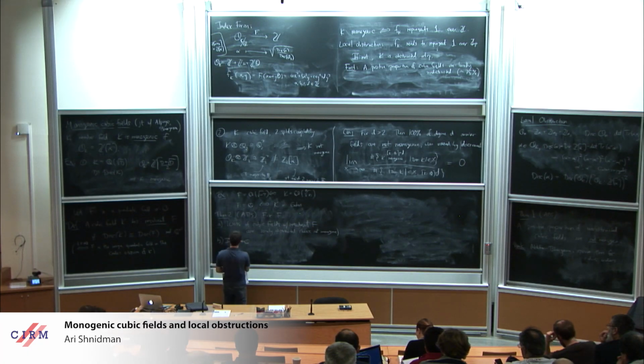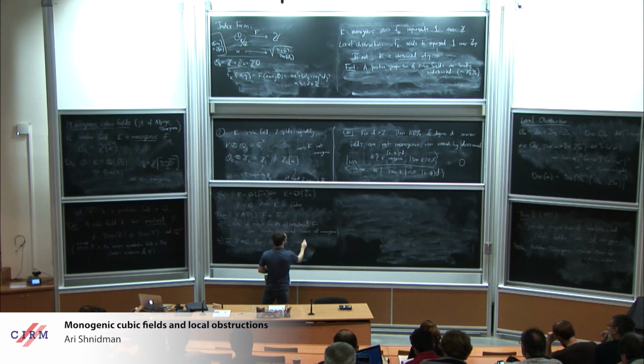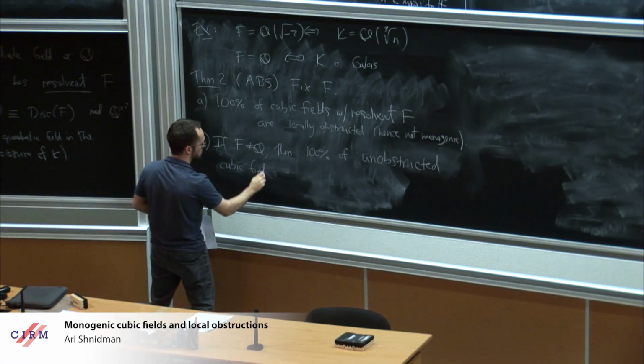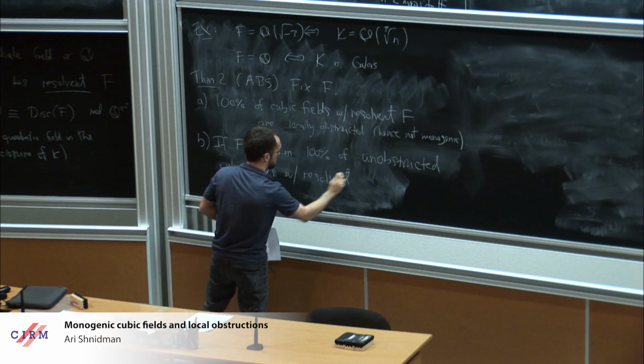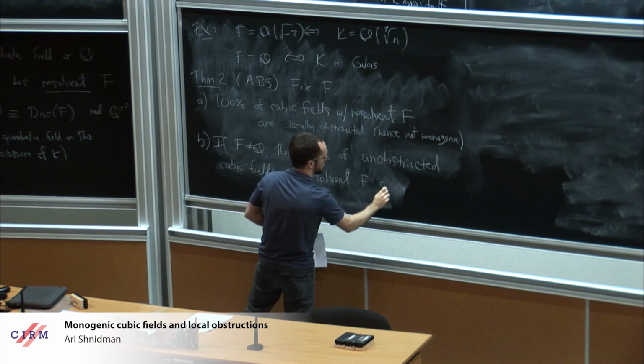So if F is not Q, or it works, but it just doesn't give us an answer, it's not strong enough, then 100% of locally, or let's say unobstructed cubic fields with resolvent F are not monogenic.